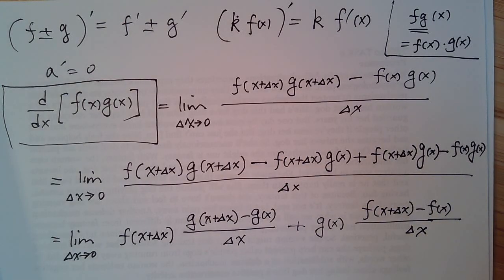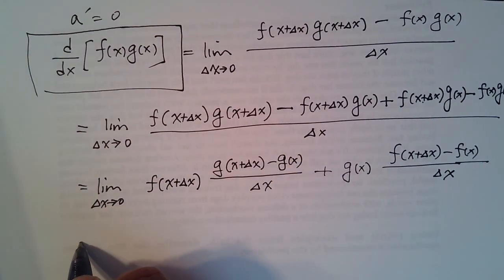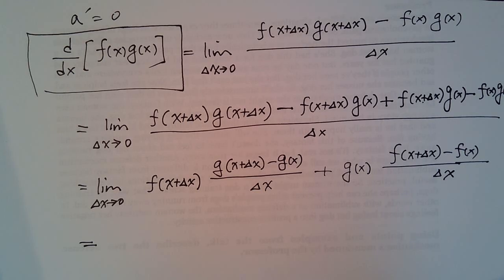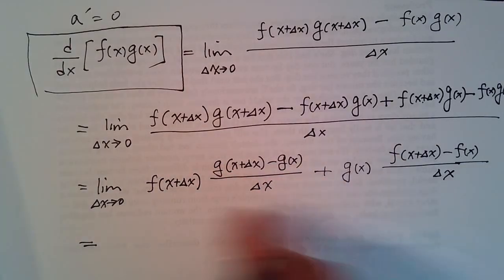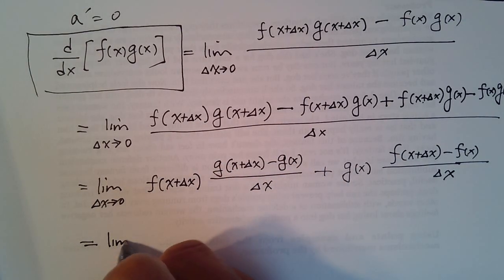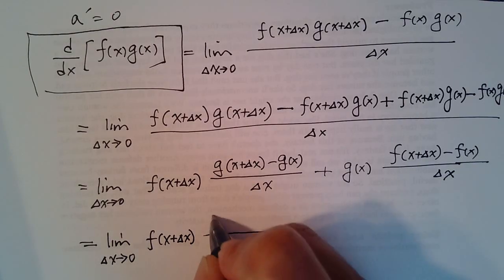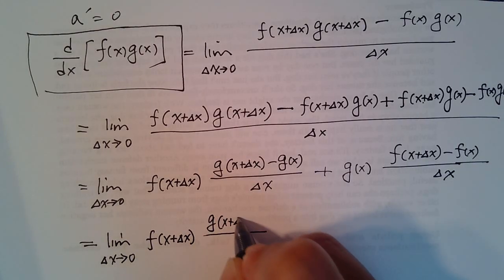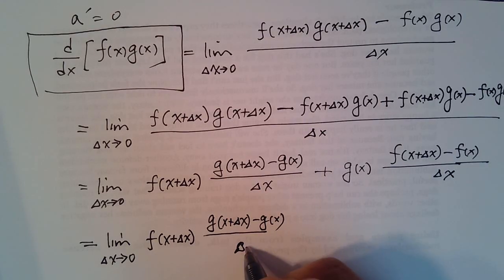Did you see this? That's really nice, isn't it? So this is one thing plus another thing. So I'm going to get the limit as delta x approaches 0 of f of x plus delta x, times g of x plus delta x minus g of x over delta x.